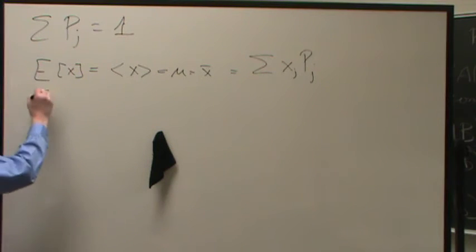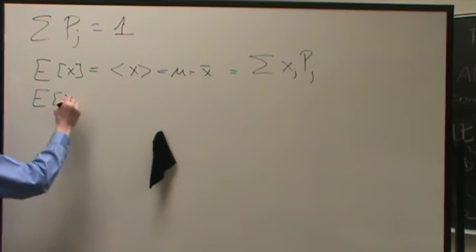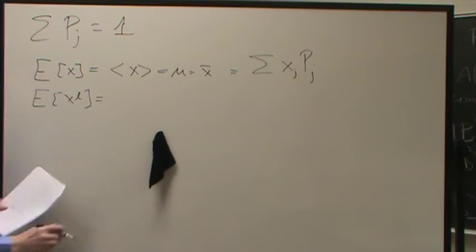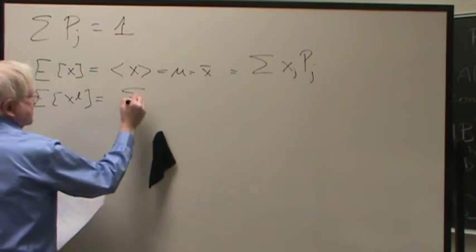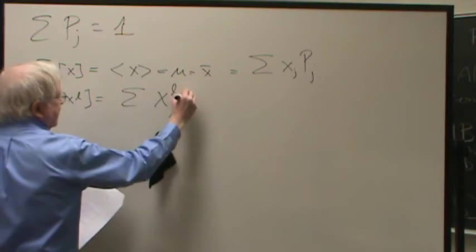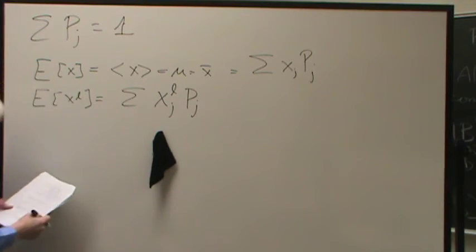Anyway, there's something called the Lth moment, and of course this is just the sum of xj to the L, pj.